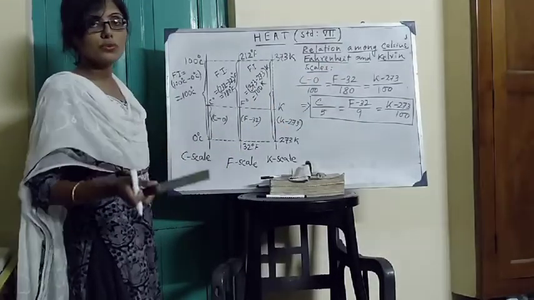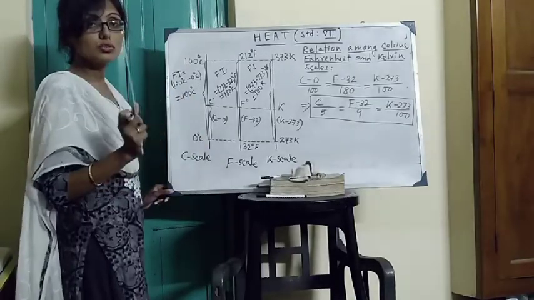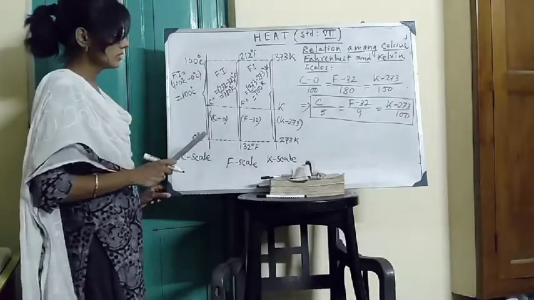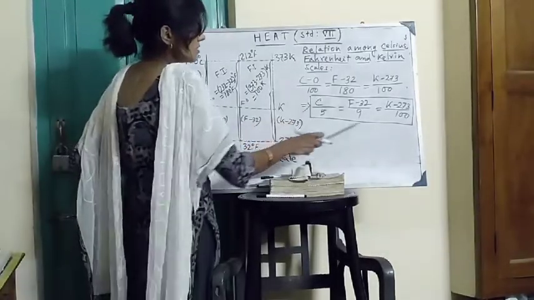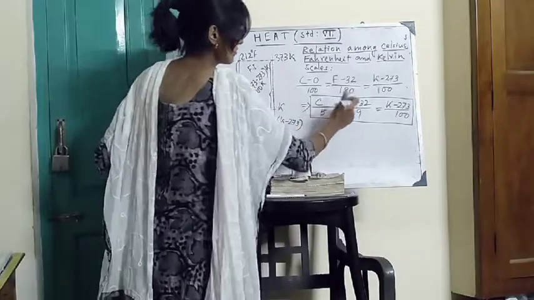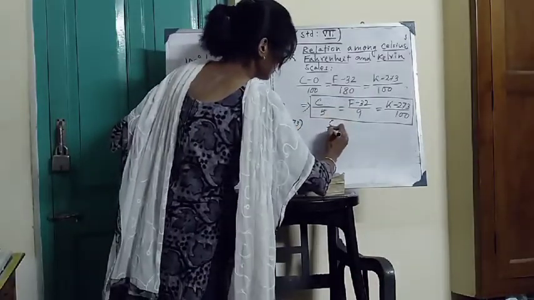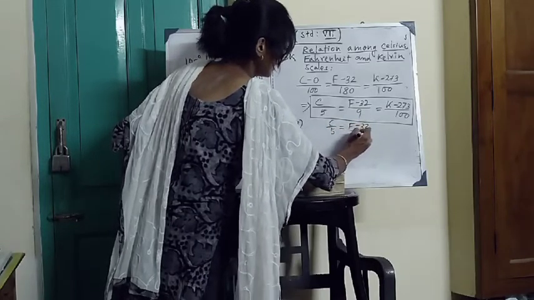Now suppose we want to find the relation between Celsius and Fahrenheit scale, only the two. If we consider only the two temperature scales, then we use this relation: C by 5 is equal to F minus 32 by 9.